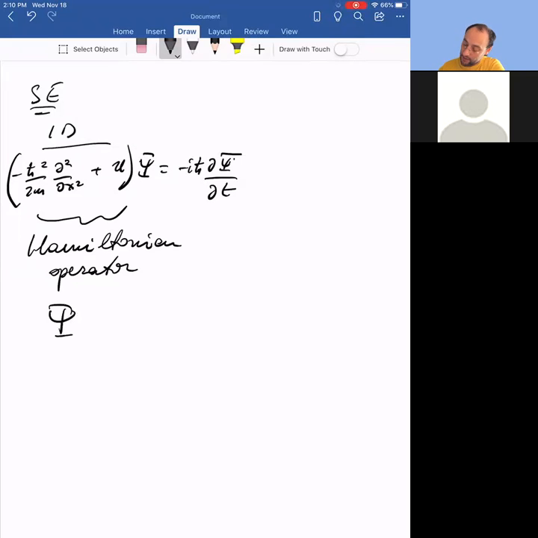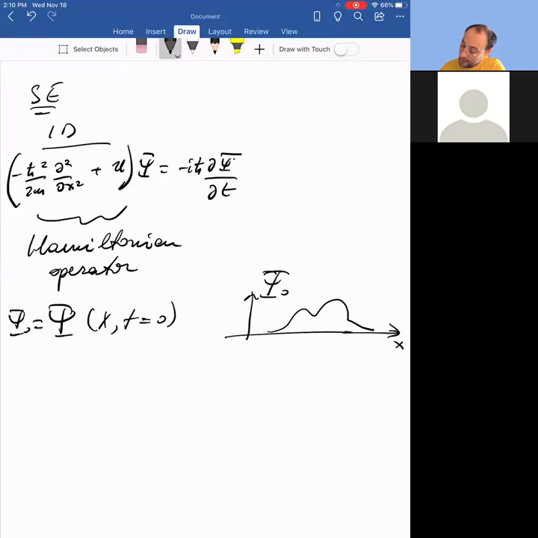So you start with some kind of an initial wave function that's psi 0, and the Schrodinger's equation gives you the wave function at a later time.